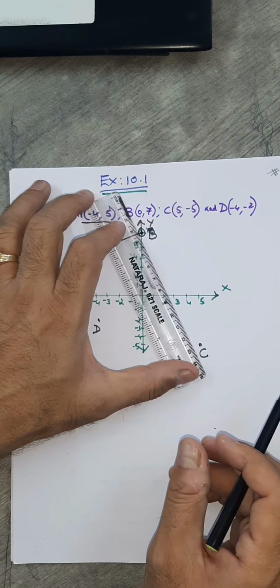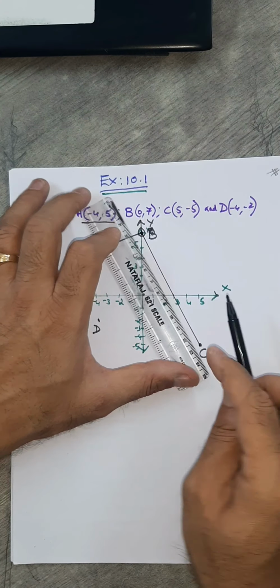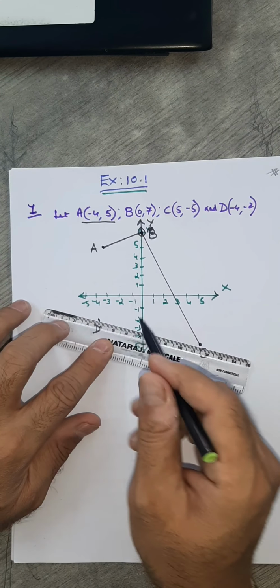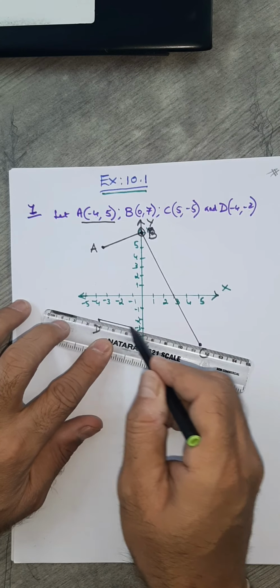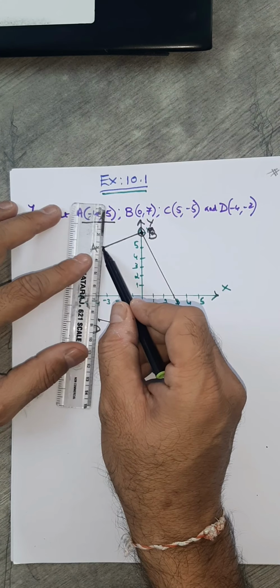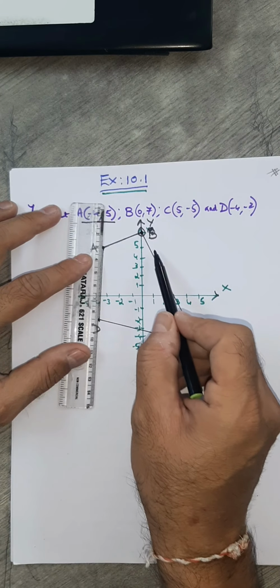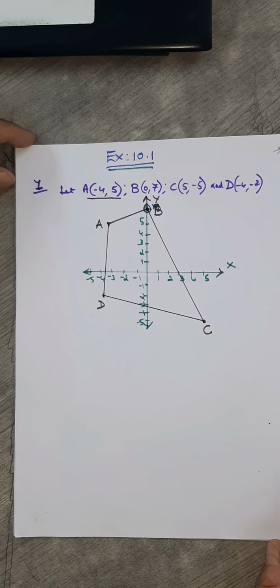A, B, then C here, then D here, and then again A. You know, quadrilateral is a closed figure having how many sides? You know, 4 sides. 1, 2, 3 and 4. This is a quadrilateral. This you know very well.